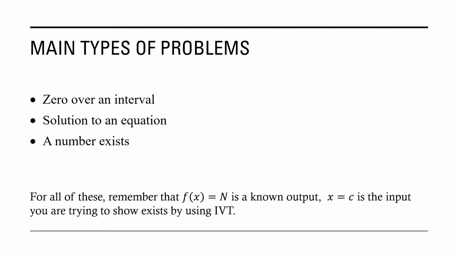We're just trying to show that it exists. So for all of these, remember that f of x is equal to the n, and that's a known output. And x equals c is the input that you're trying to show exists. So we know the output, we don't know the input. And because of this process, there's a bit of guessing and checking involved in the intermediate value theorem.